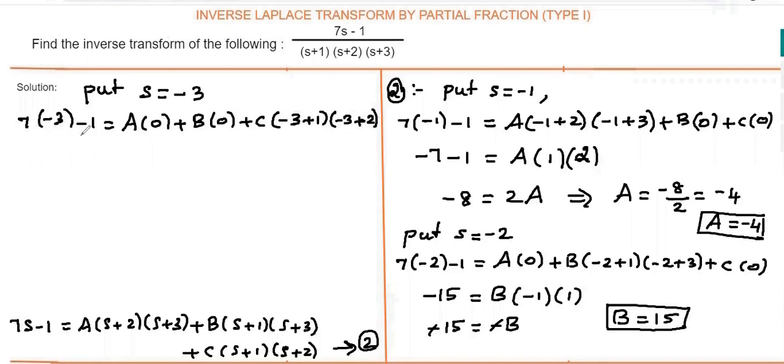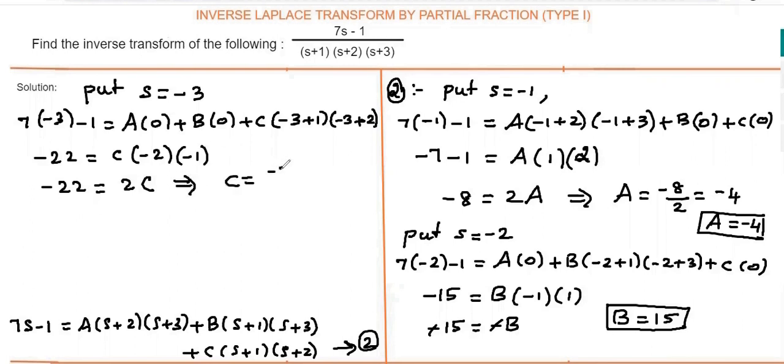This is minus 21 minus 1, which is minus 22, equals c times, see, minus 3 plus 1 is minus 2, minus 3 plus 2 is minus 1. So here we have minus 22 equals 2c. What is the answer of c? From this we get c equals minus 22 over 2. So the answer of c is minus 11.